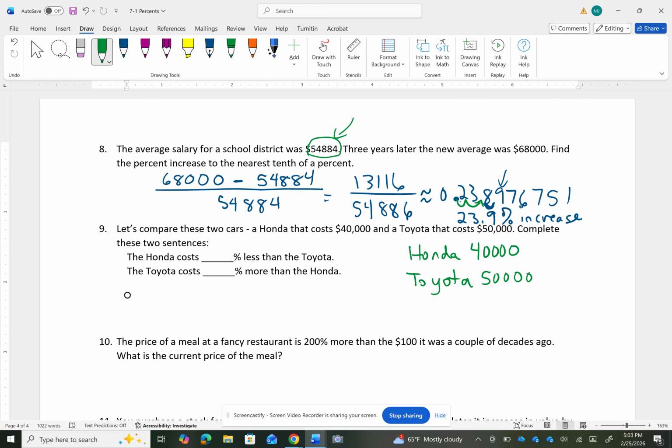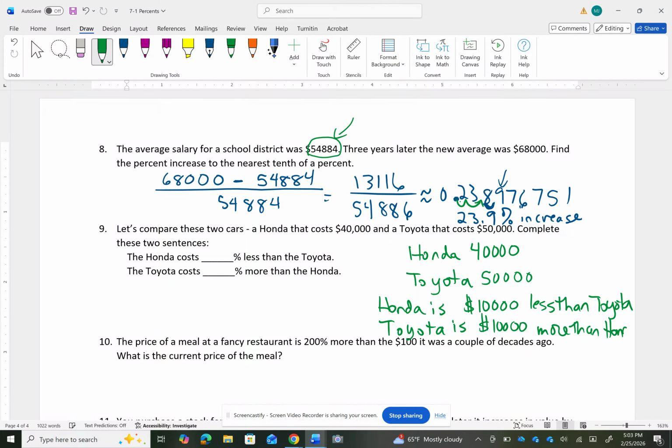So we could say the Honda is 10,000 less than the Toyota, or we could say the Toyota is $10,000 more than the Honda. Now, that $10,000 difference is the absolute difference in those two prices.